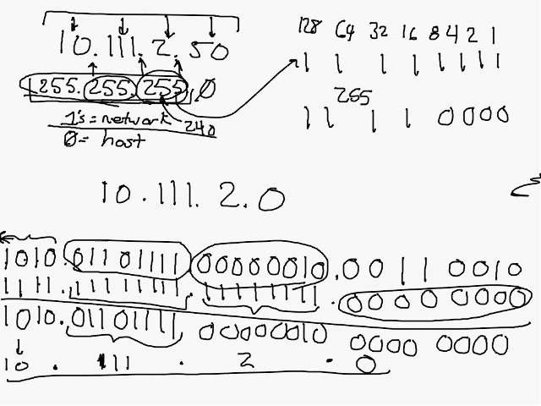Now what if that number had been, instead of 255.255.255.0, what if we would have had 255.255.255.128? What would our network address then be? Let's take a look at this.